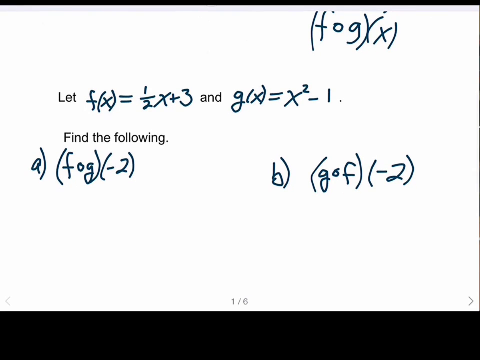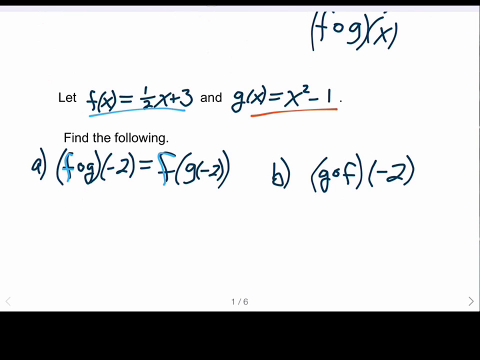Let f of x equal 1/2 x plus 3 and g of x equal x squared minus 1. We're asked to find in part A f composed with g of -2. What that means is we're going to find f of g of -2. So let me get some colors going on here.